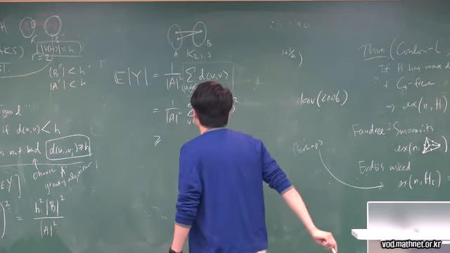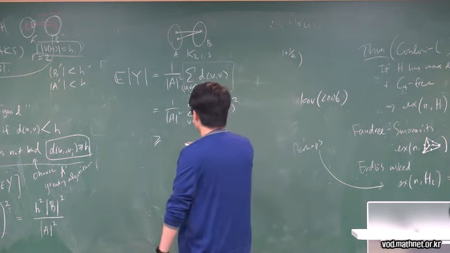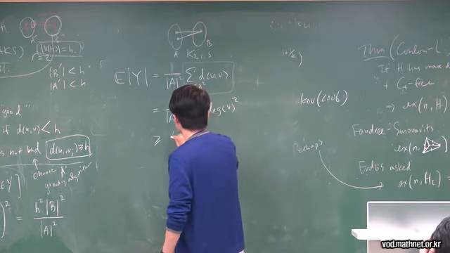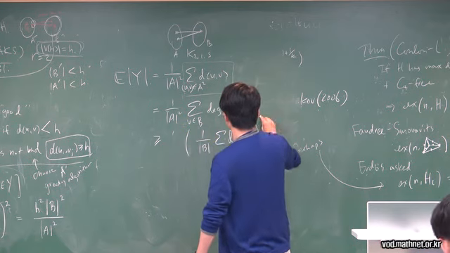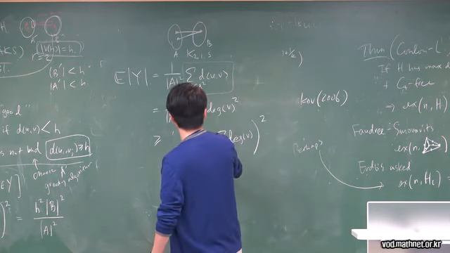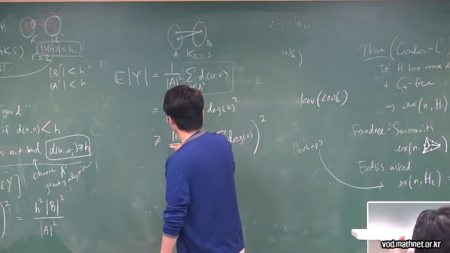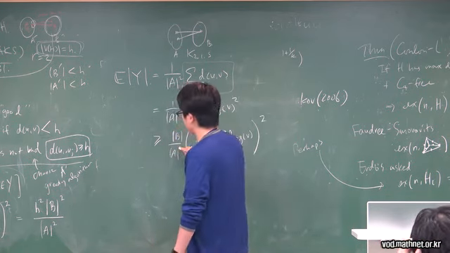And that allows us to apply the simple convexity argument, and I should have B here and A squared. So this is by convexity.